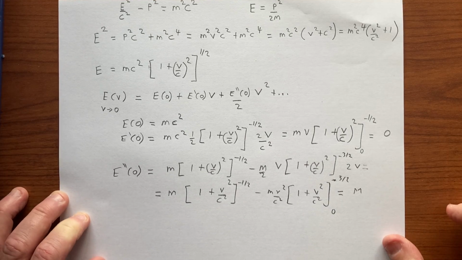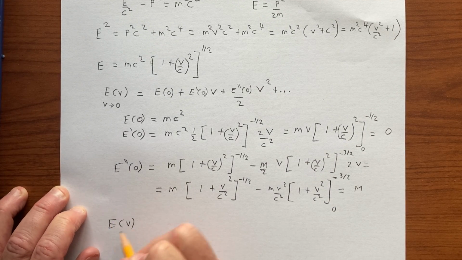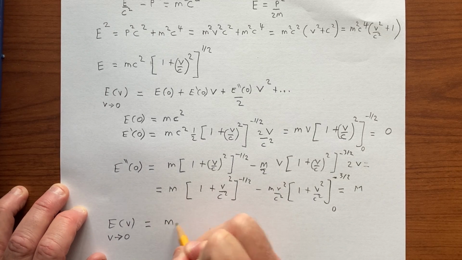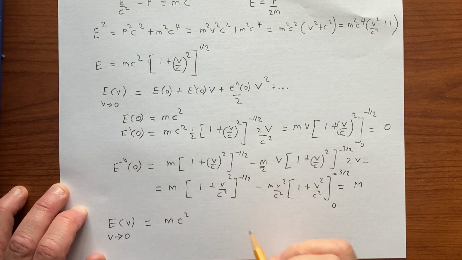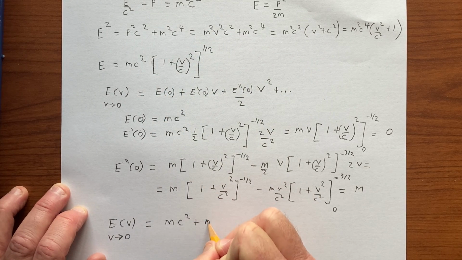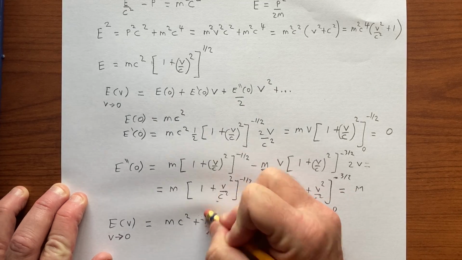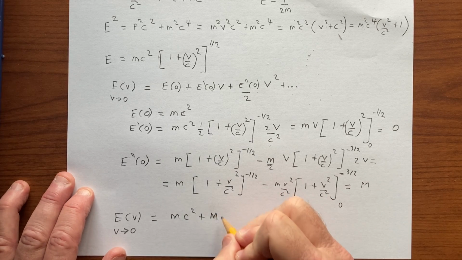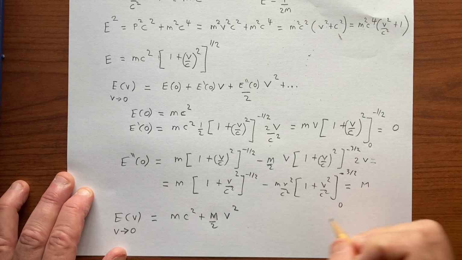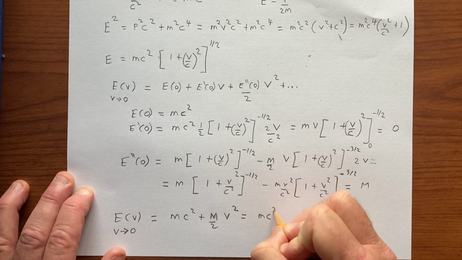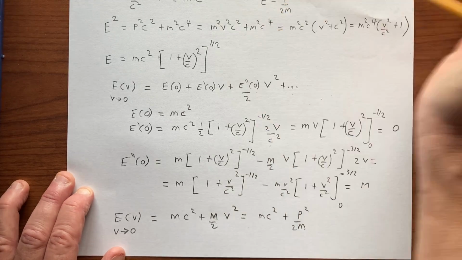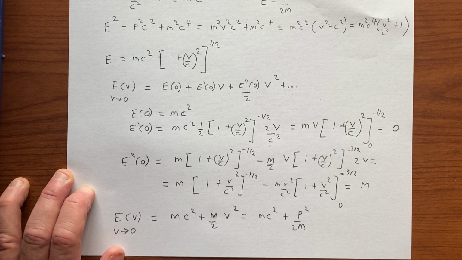And so our energy expression at low values of v is mc squared, this, plus m over 2 v squared, which is this mc squared rest mass term plus the p squared over 2m, which is our starting point for quantum physics and the free particle.